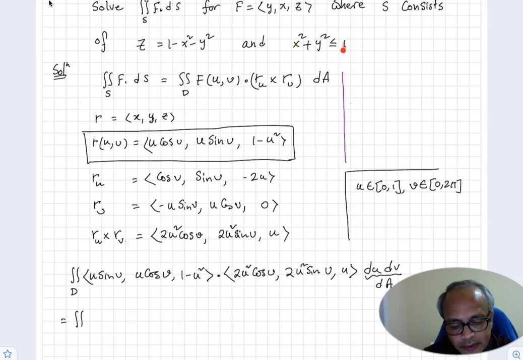So the bottom part of the surface is x square plus y square less than or equal to 1, which tells you that that is a unit disk centered at origin. So if you have a unit disk centered at origin, you have a full circle. So then you go from 0 to 2 pi. And since this is a unit disk, u looks like the amplitude or radius of the disk. So u is going from 0 to 1.